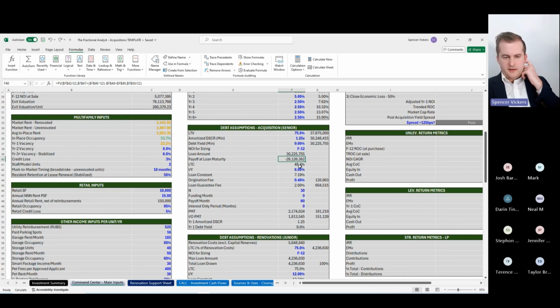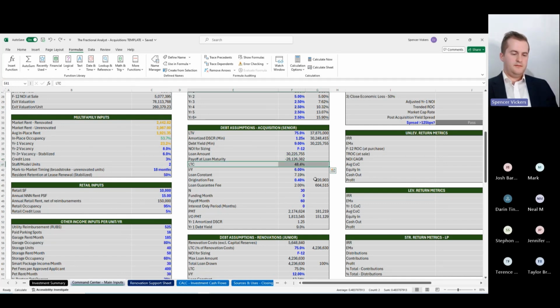So that's going to give you a calculated loan to cost. And this is really low right now because I'm working on an interest reserve and working capital reserve that really dilutes this loan to cost right now, but I'm providing an update for that.